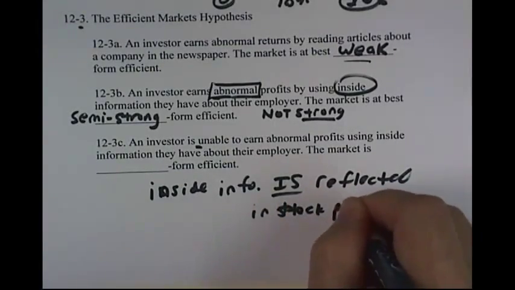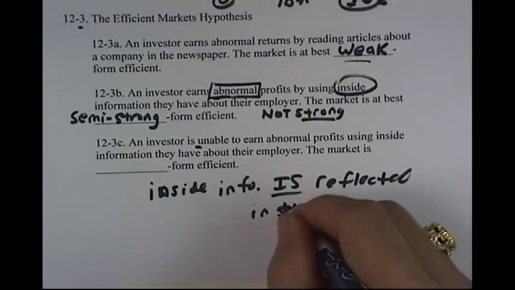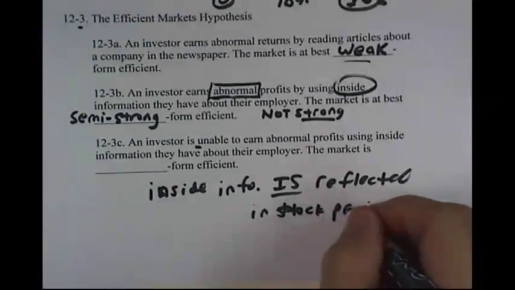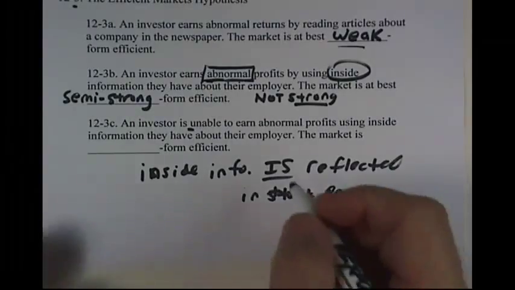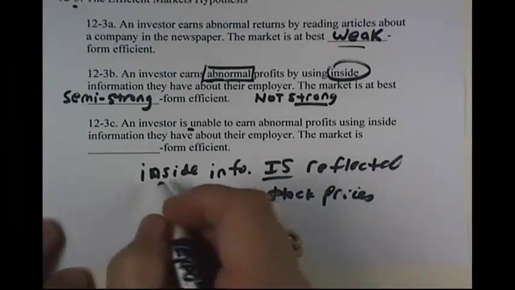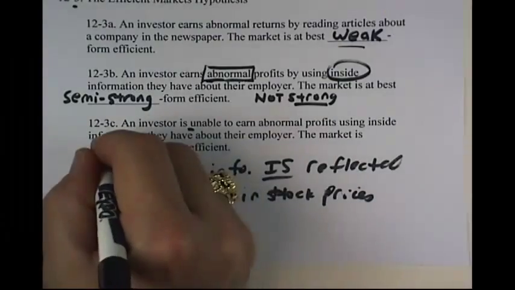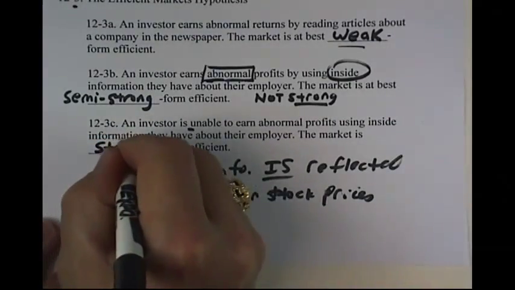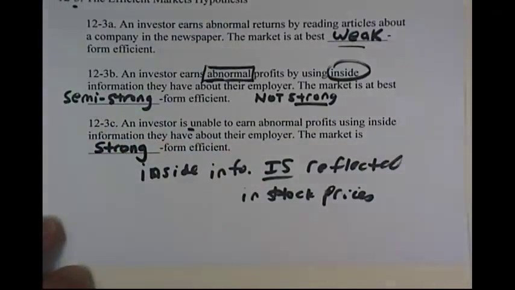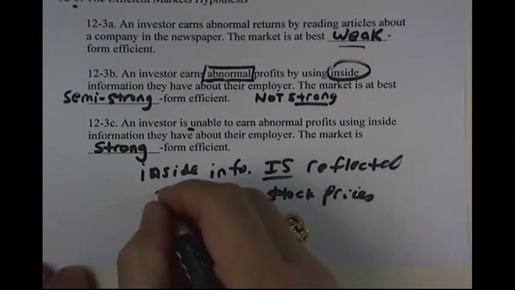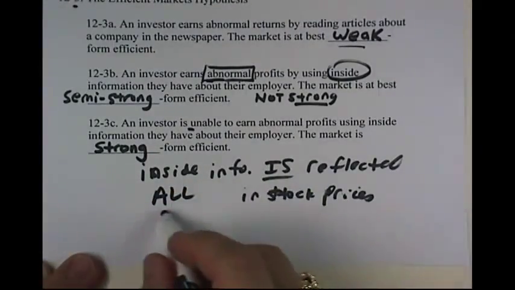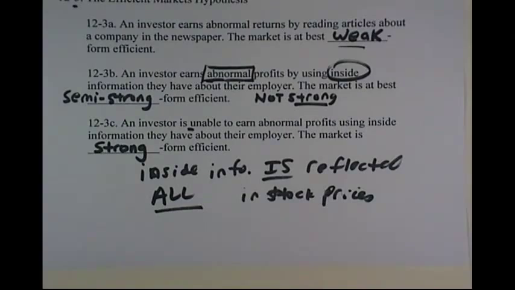And that means that all information, both public and private, is reflected in the stock prices. So if all information, including inside information, is reflected in stock prices and is not of value, then the market is strong form efficient, meaning that all information is reflected in stock prices.